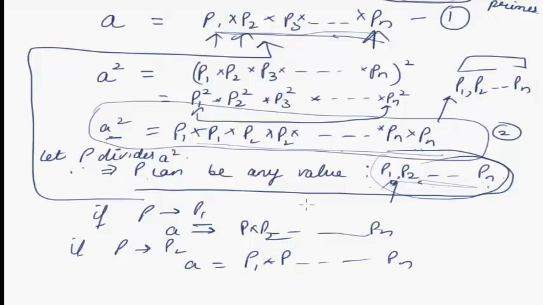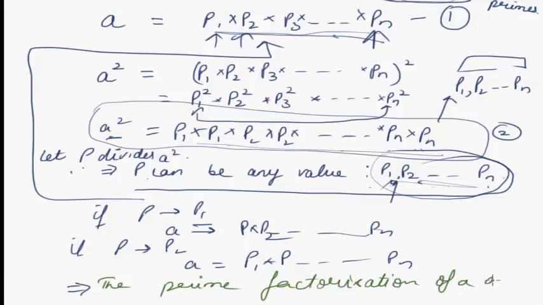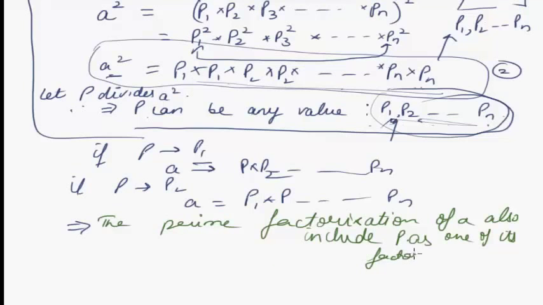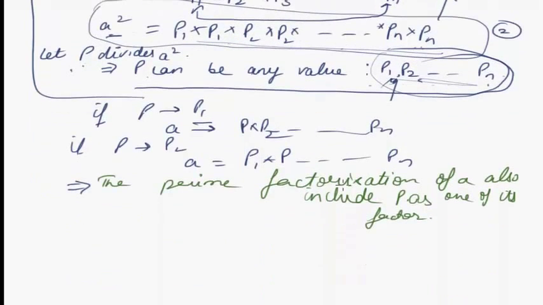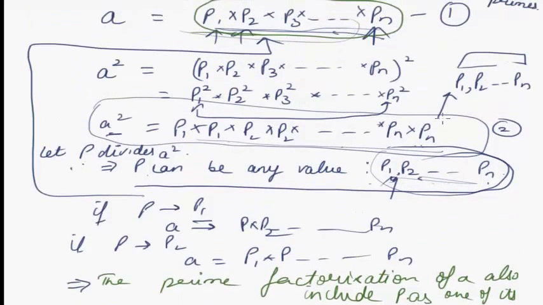So in other words, the prime factorization of A also includes P as one of its factors. Now since P will be occurring in this prime factorization, that is, A will be P into some product of the remaining terms from this expression.